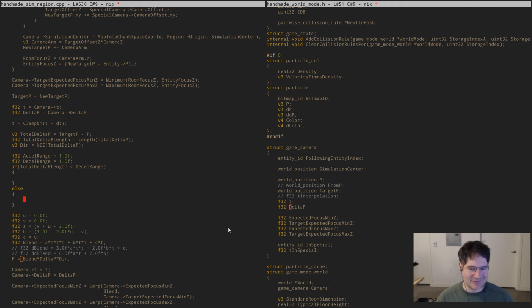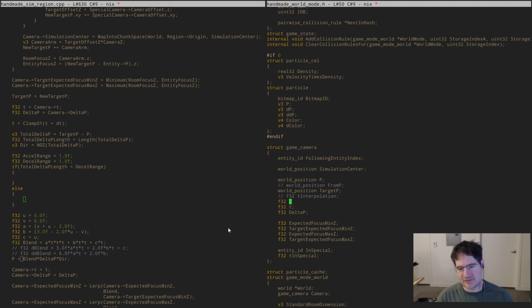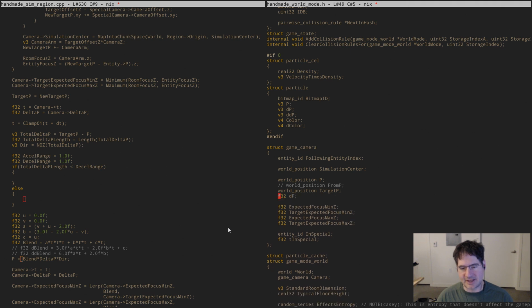Another way to parameterize this would be to say, what if we just had a velocity here, and we were going to say that the velocity is updated based on a curve rule, so that we have to solve for something that will produce that, but that's the only thing that we solve for.